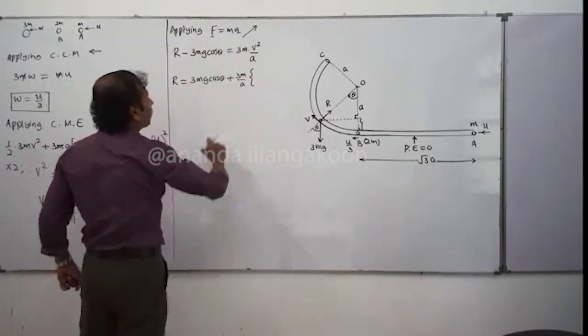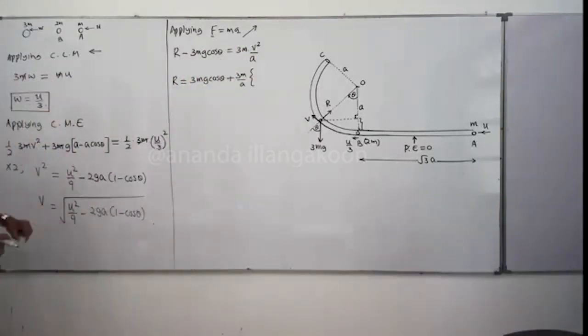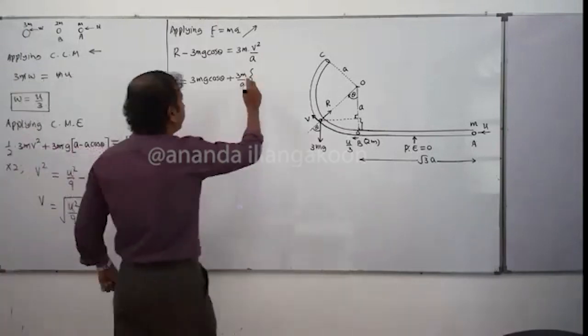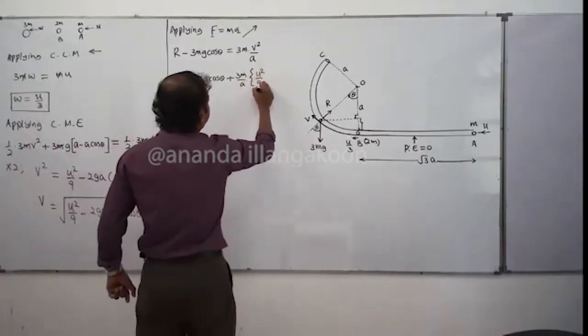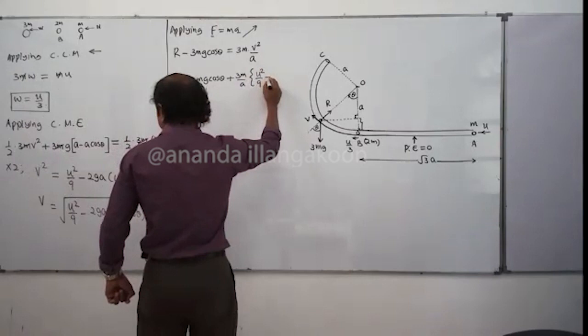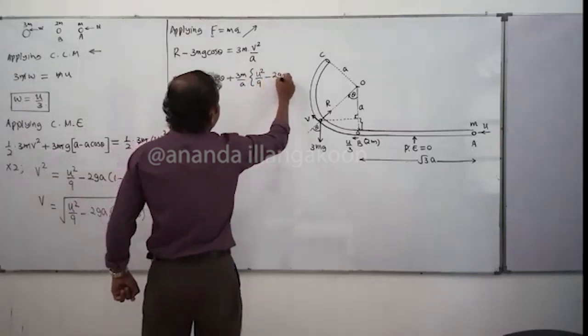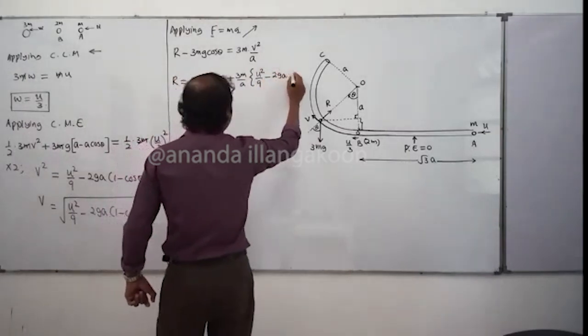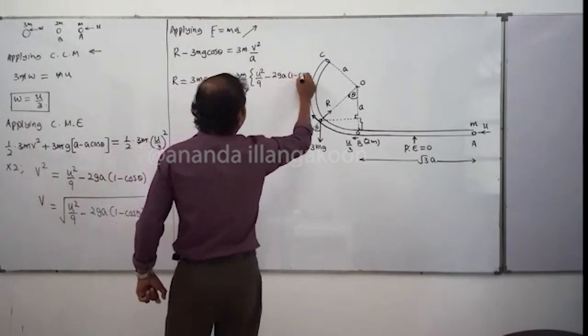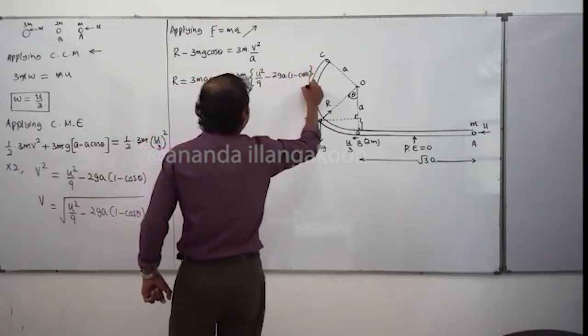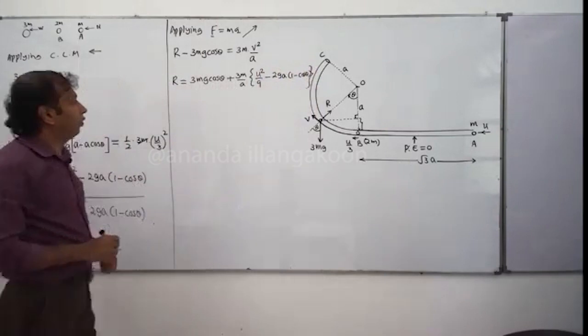For this v squared, we can substitute u squared by 9 minus 2ga times 1 minus cos theta. How do we simplify this?